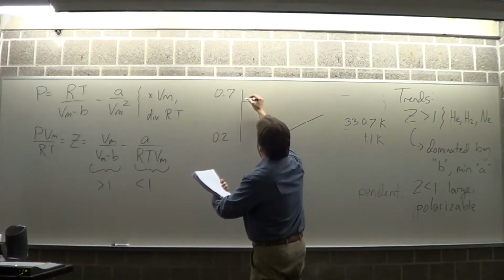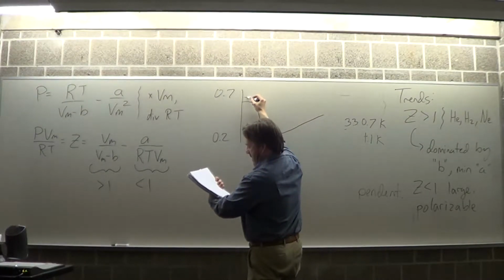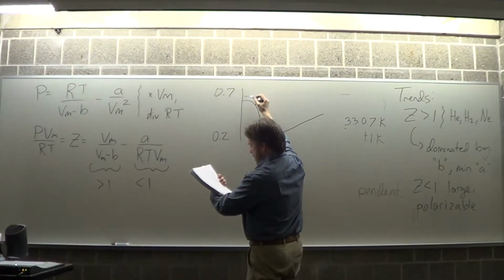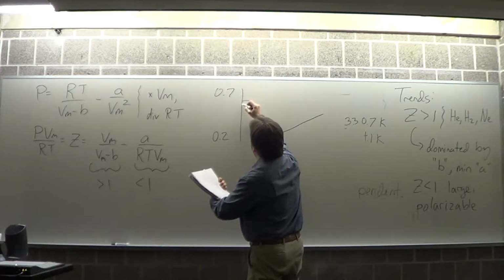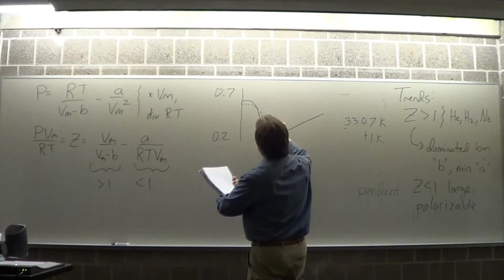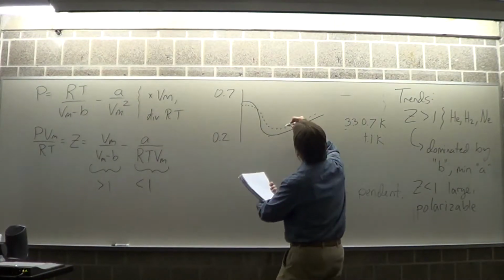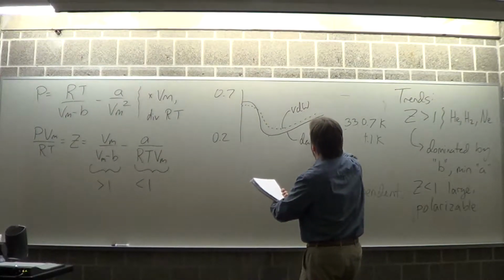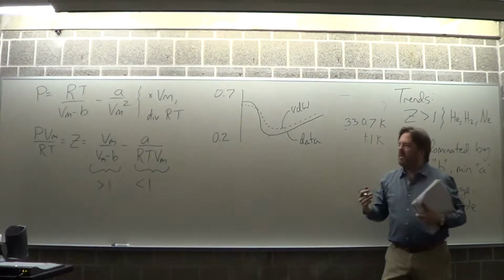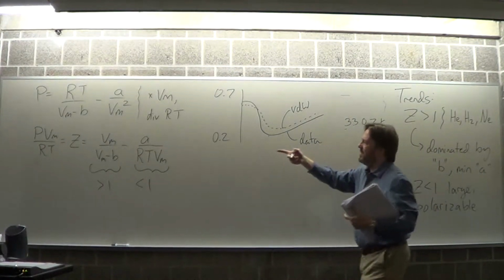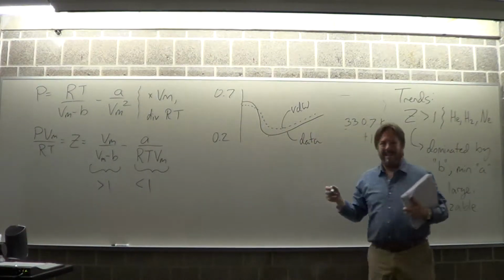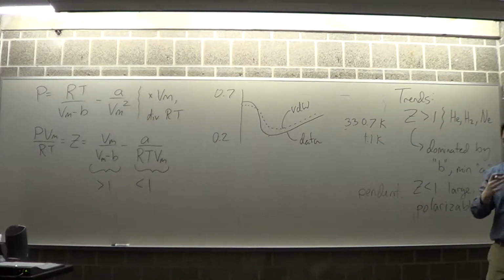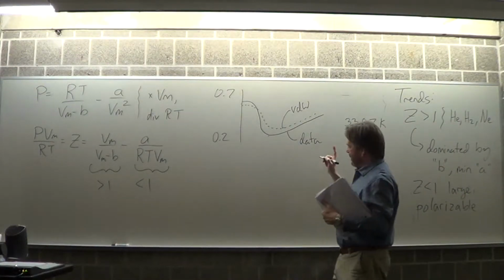Near room temperature, this is what CO2 looks like. That's the one I just drew, and van der Waals does this. This is the data. Van der Waals is a very simple equation, but it's got a lot of curvature in it. It's kind of neat that it can do that.